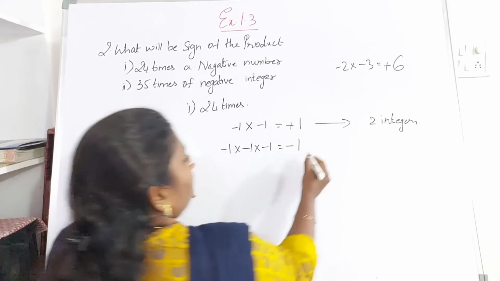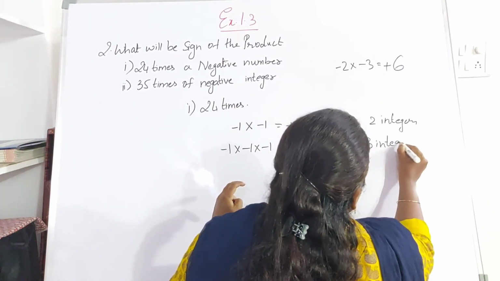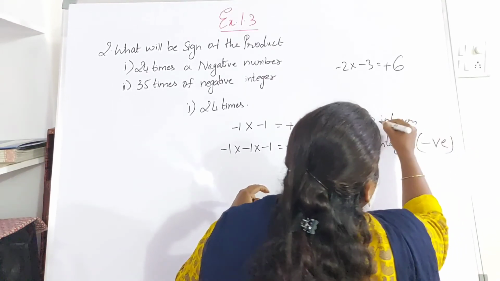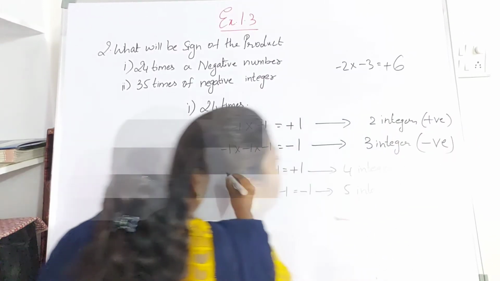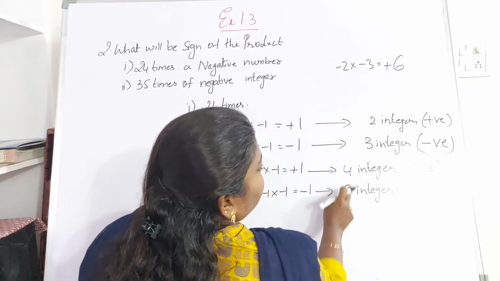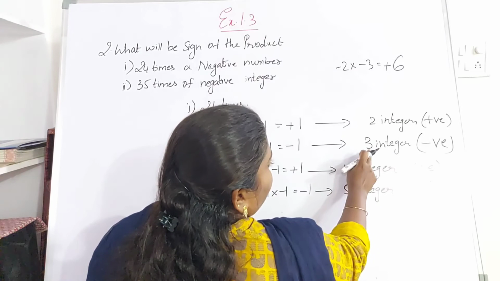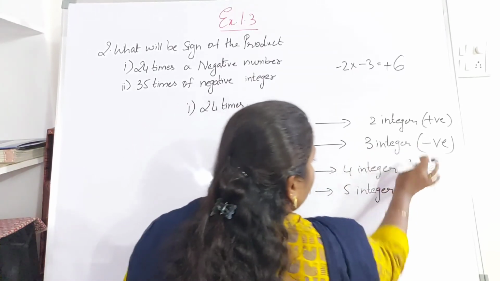So whenever we multiply three negative integers, we get a negative number. And when I multiply two integers, I got a positive number. Next, here you can see that whenever an even number of integers are multiplied, we'll get a positive number, and whenever we take an odd number of negative integers, we get a negative number.